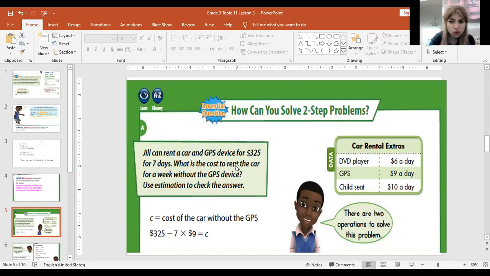What is the cost to rent the car for a week without the GPS device? The first step, he wants the cost without something, which means I will subtract its cost. But first, to know the cost, I think I have to multiply 325 by 7.